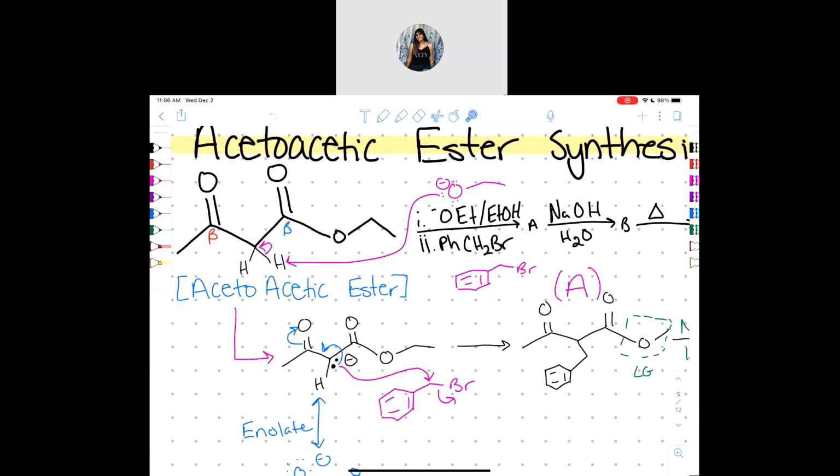So do you guys have any guesses or any idea what you think this type of molecule would be called? Something that has a ketone and an ester beta to one another. Someone said a beta dicarbonyl ester.